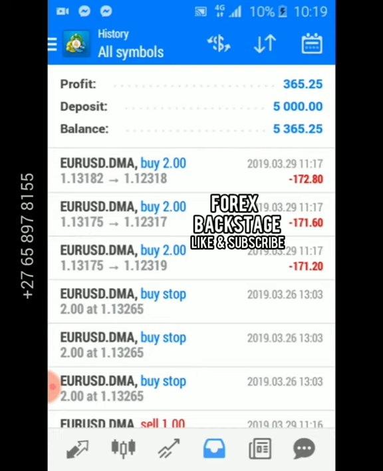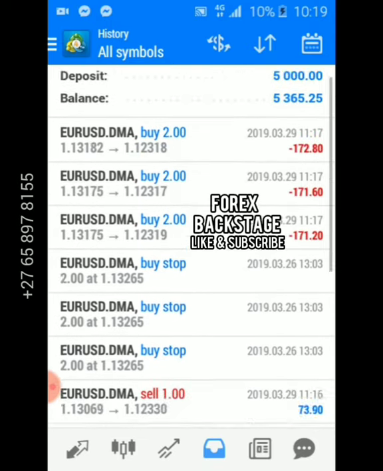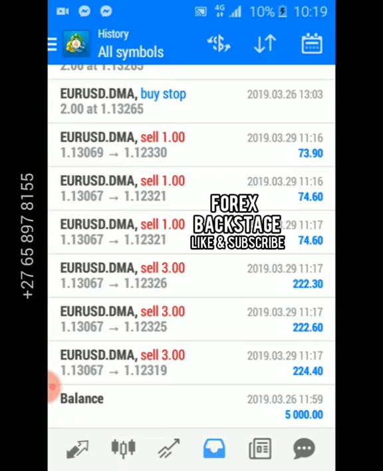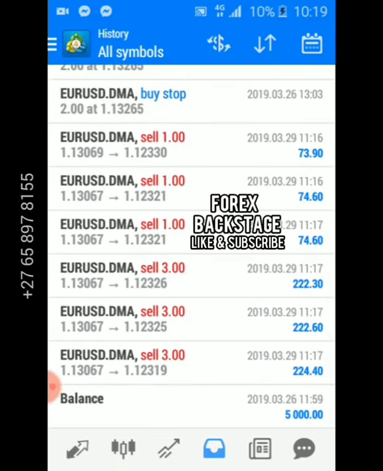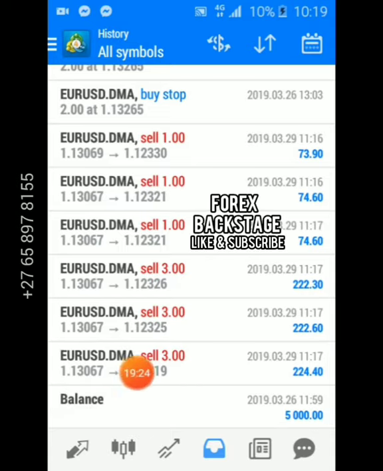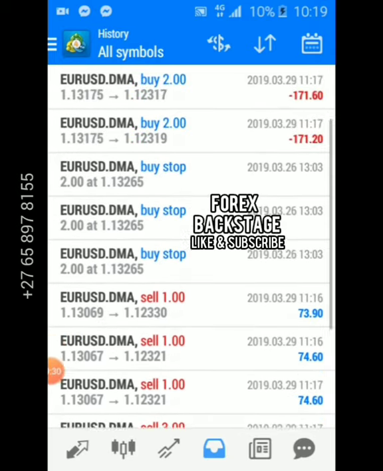This is the money that went to the broker, and therefore I'm left with $365, which is the addition of this profit that has been accumulated here, 3.00, 3.00, 3.00, and 1.00, 1.00, 1.00. So that is how the strategy goes.